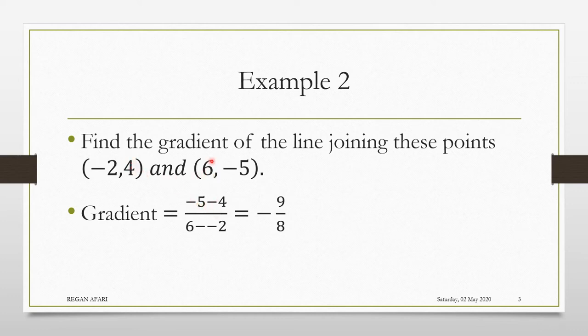Then we have x2, which is 6, minus x1, but x1 is negative 2, so you see minus minus. This will give us negative 9, but 6 minus minus 2 will become plus, so we have 8. So the gradient is negative 9 over 8.